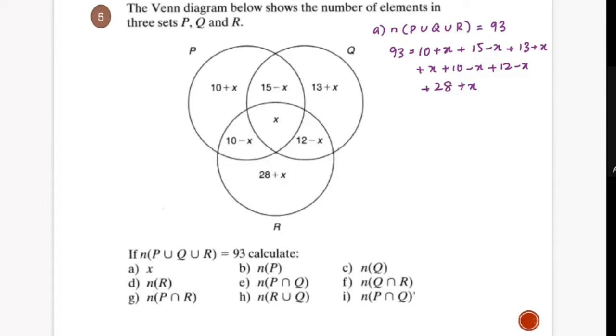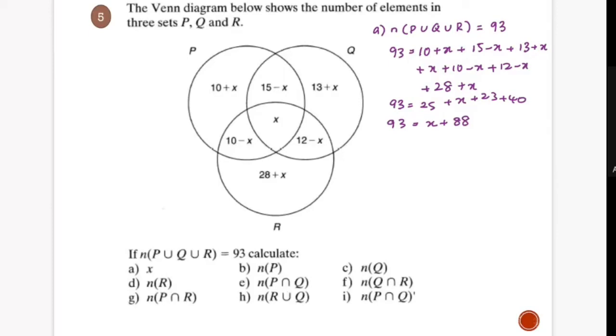Simplify this, you will get 93 is equal to 25 plus X plus 23 plus 40. Simplify again, you will get 93 is equal to X plus 88.